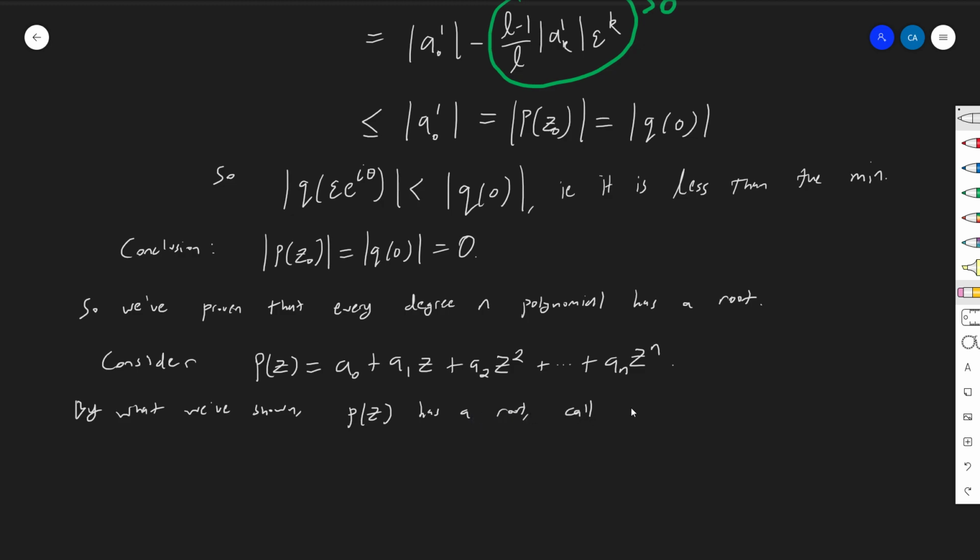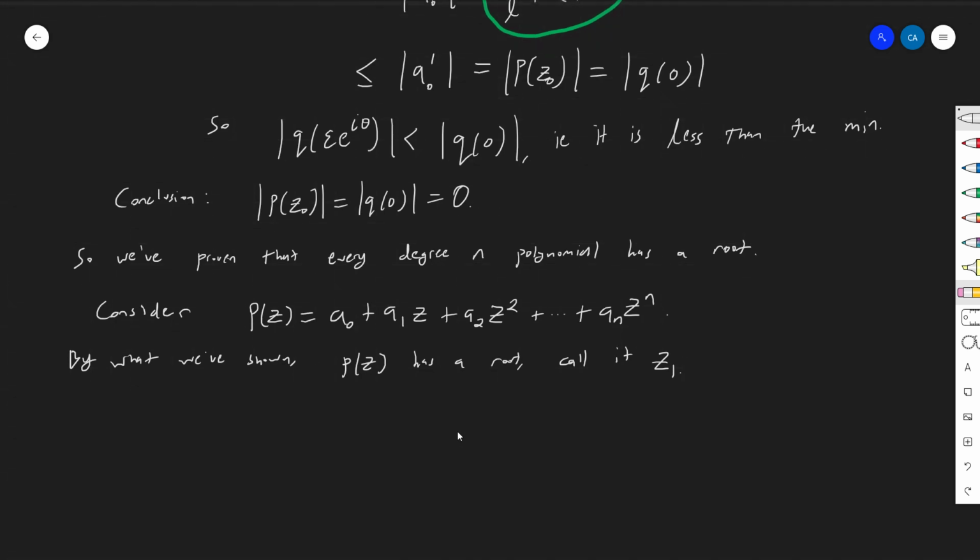I'm going to call it z1. So p of z1 is equal to 0, but it's also equal to, if I plugged it in here, a0 plus a1z1 plus a2z1 squared plus dot dot dot plus an z1 to the n.